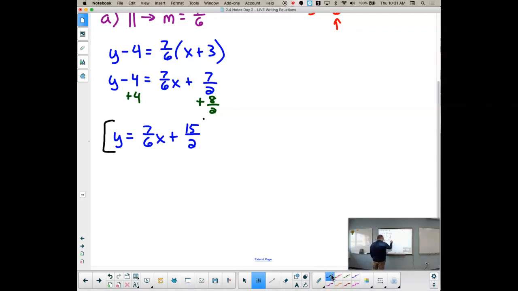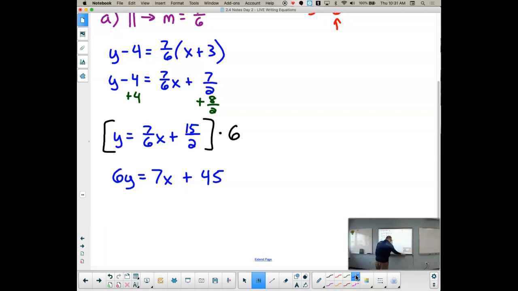So I am going to multiply the entire equation by 6. 6 will get rid of all fractions. So that's going to then be 6y equals 7x plus 45. 6 divided by 2 is 3, times 15 is 45.